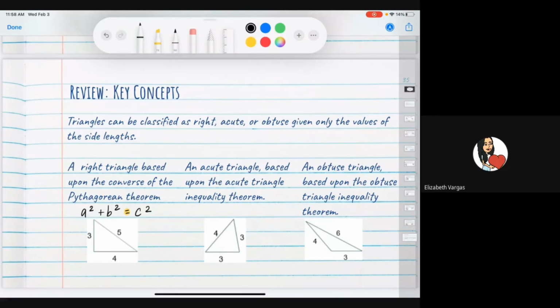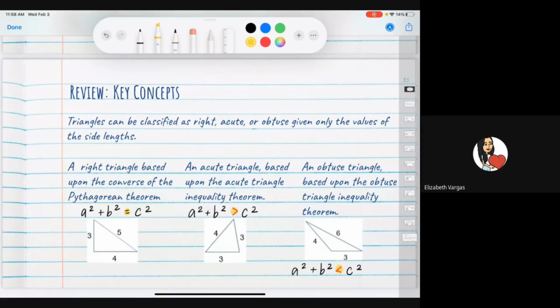Acute triangles, on the other hand, we need to prove that a squared plus b squared is greater than c squared. And then for an obtuse triangle, we need to prove that a squared plus b squared is less than c squared. So that's how we can differentiate between and classify these different types of triangles depending just on their side lengths.